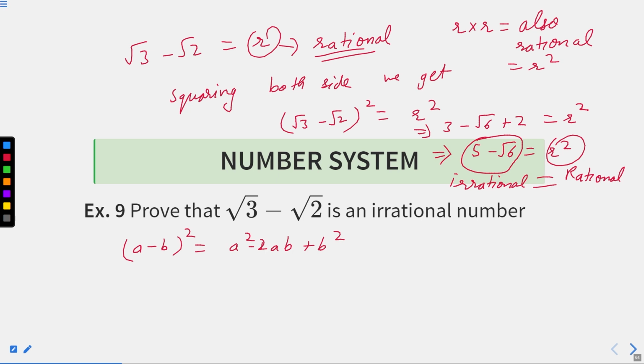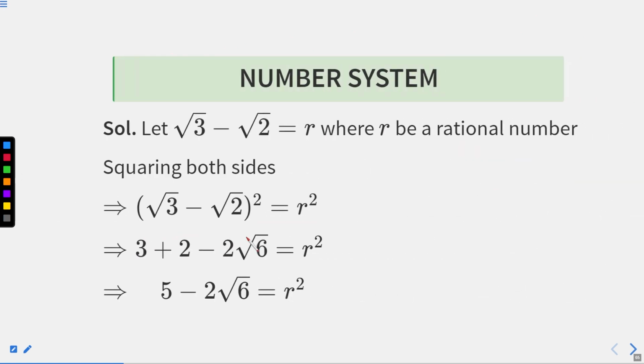So this is not possible, and the assumption was wrong. What was the assumption? The assumption was r is rational. So r was not originally rational. Taking r as rational, we get a contradiction. So root 3 minus root 2 is an irrational number. I hope this is clear.